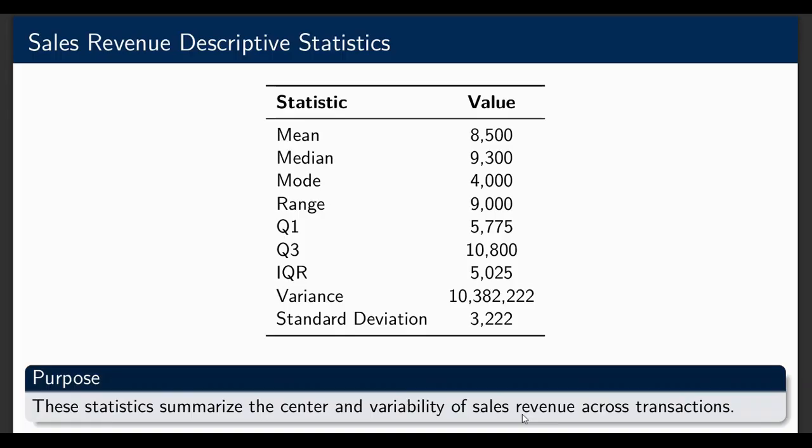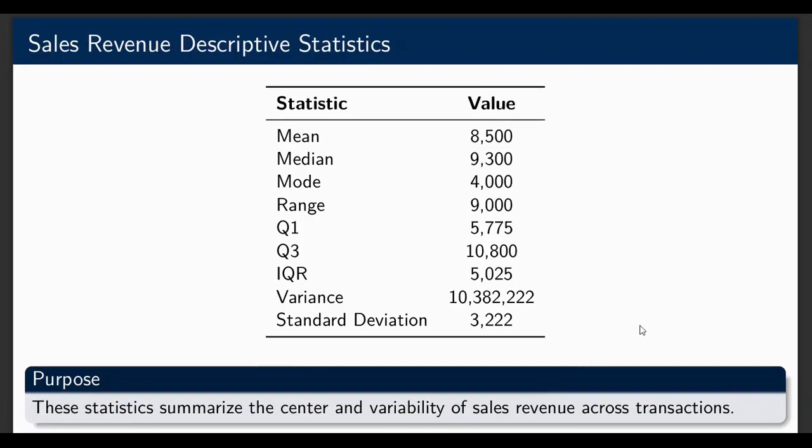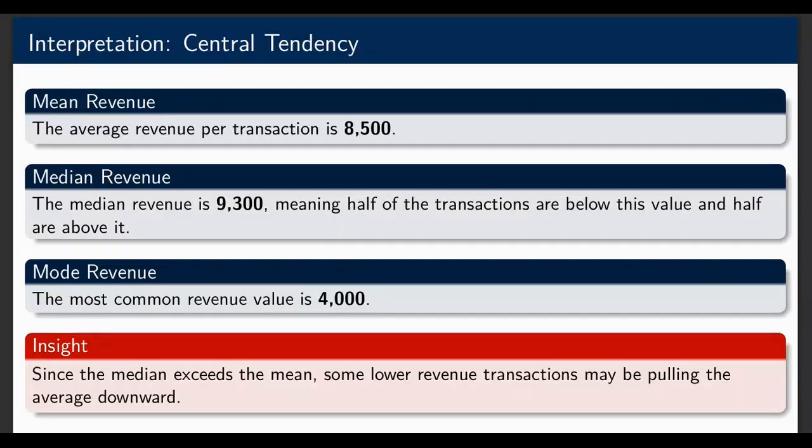From our analysis in Excel, we found these descriptives. The average revenue per transaction is almost 8,500 units, and the median revenue means half of transactions are below this value and half are above it.